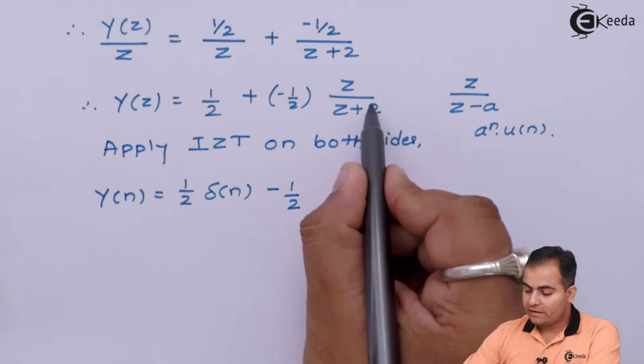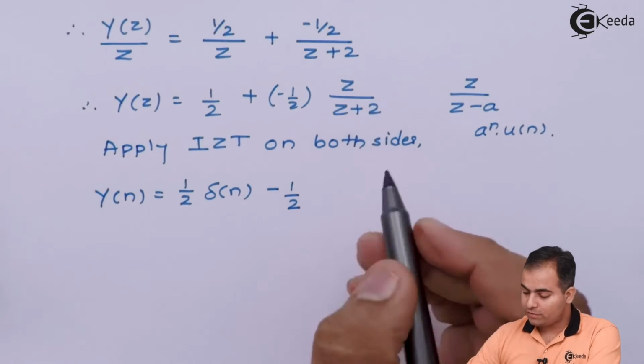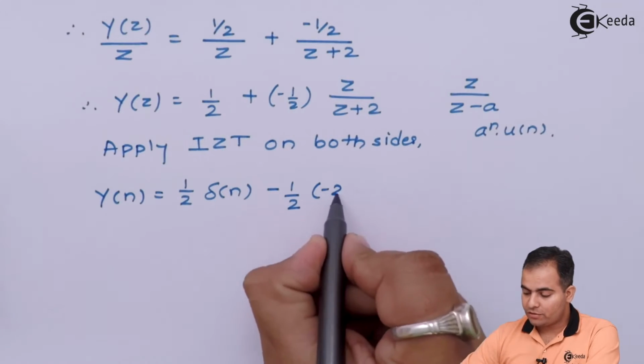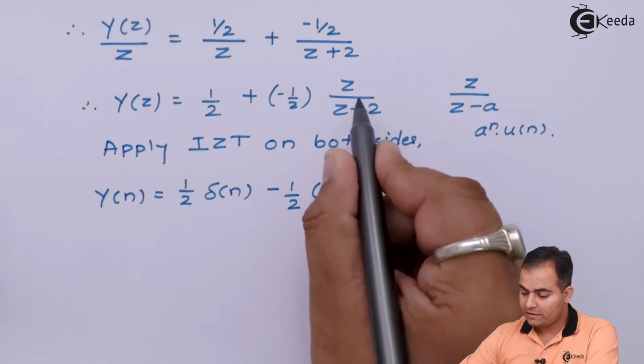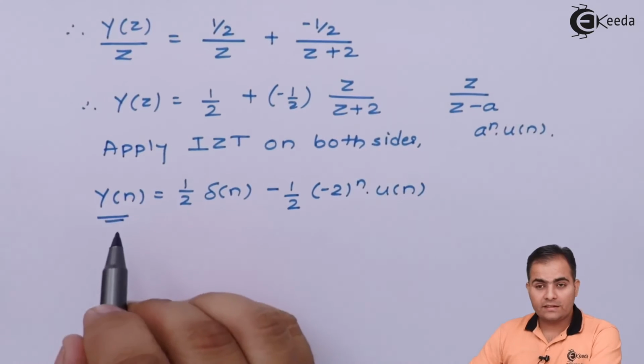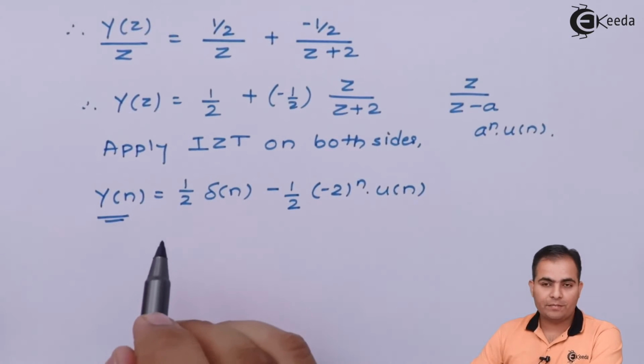So if I write this 2 as minus 2, then you can write the equation in this form. So my a value is minus 2, raised to n, and then z upon z minus 1 can be written as u of n. And this is nothing but my answer for the first part, that is the impulse response.